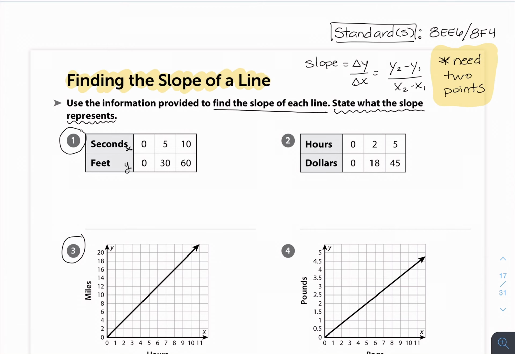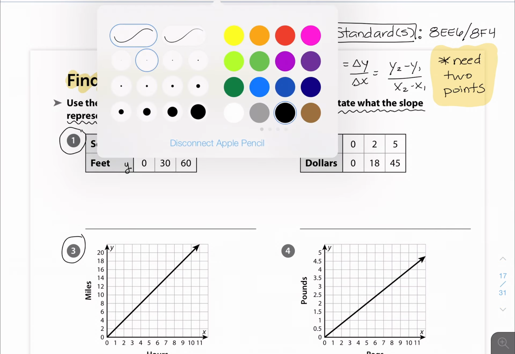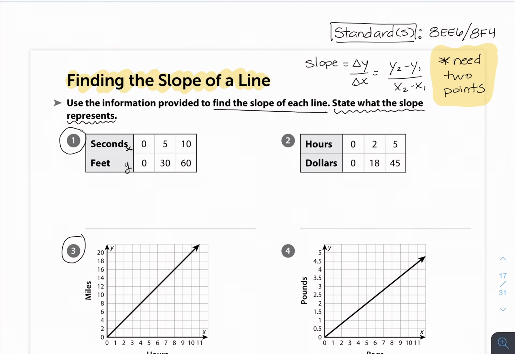Okay, so you have seconds, which is x, feet, which is y, and you want to find your slope. If you look up here on the top right, I have 2 formulas that you can use to find slope. The first one says change in y over change in x. Alright, that triangle stands for change in. You're finding the difference in the y coordinate and dividing it by the difference in the x coordinates, the x values I should say.